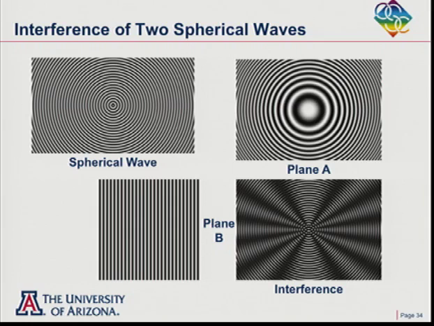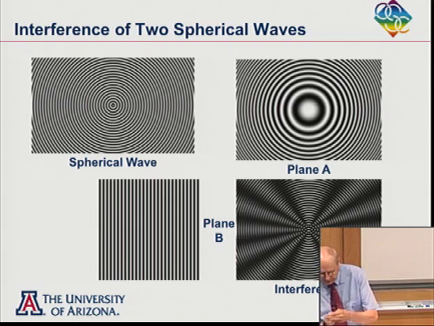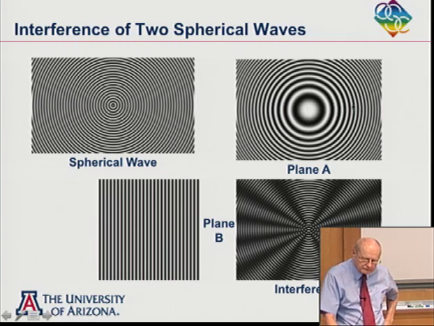And in 505, I'm sure you saw this when you interfered spherical waves. Furthermore, if I put a plane right here, these could be thought of as a point source right there. These could be lines of constant phase in a plane perpendicular here.